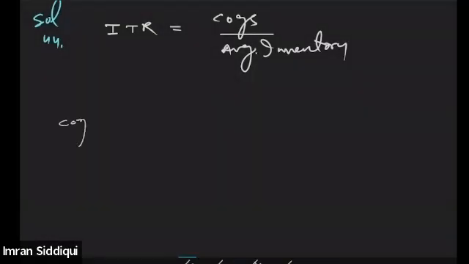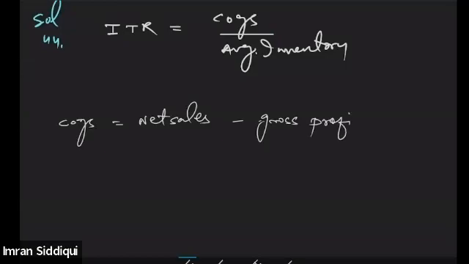Okay, so COGS, how do we calculate COGS? COGS can be calculated simply by subtracting gross profit from net sales. Gross profit subtracted from net sales will give you the answer for the COGS.